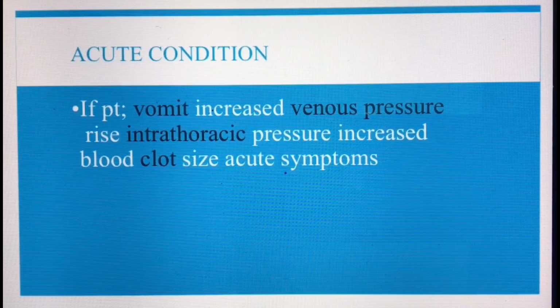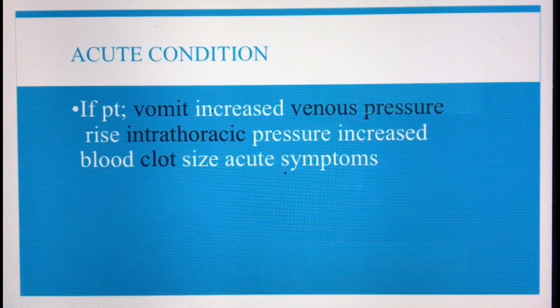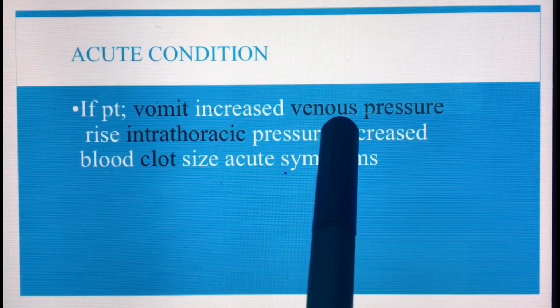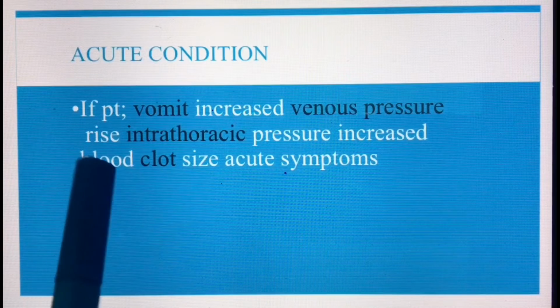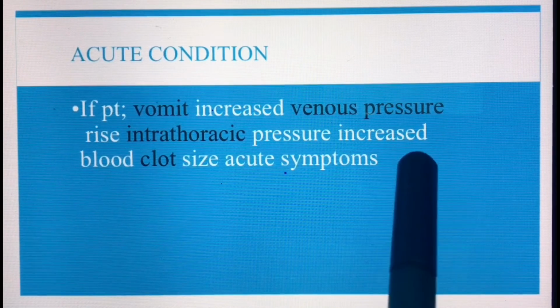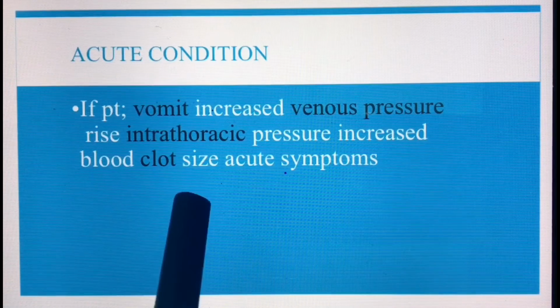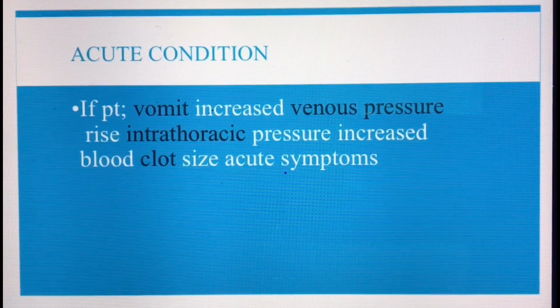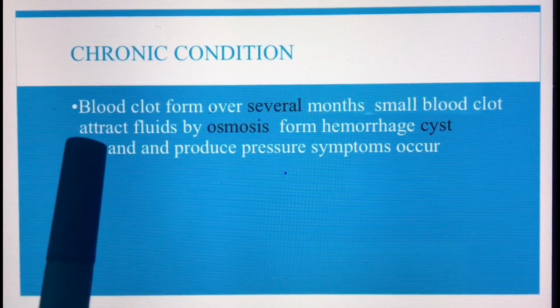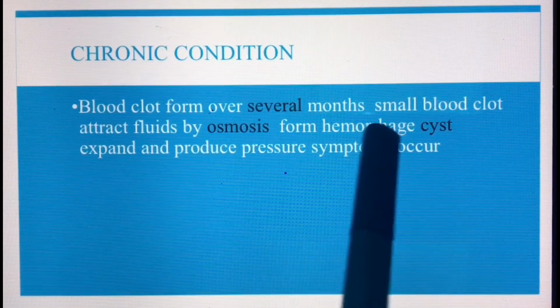Let's talk about the acute condition. In the acute condition, if the patient starts to vomit, the venous pressure increases. That causes a rise in intrathoracic pressure. When intrathoracic pressure increases, it causes increased blood size and the acute symptoms occur. While in the chronic condition, a blood clot forms over several months.